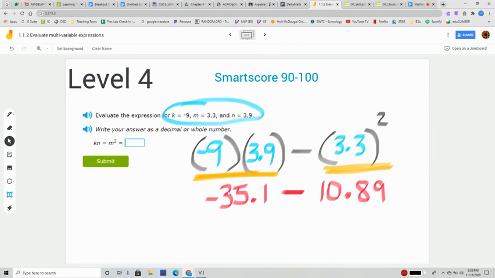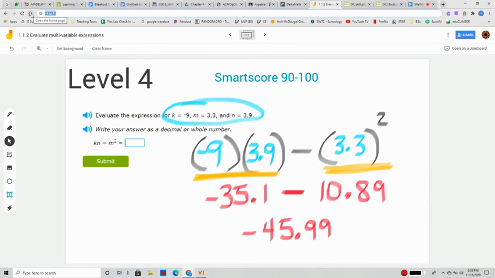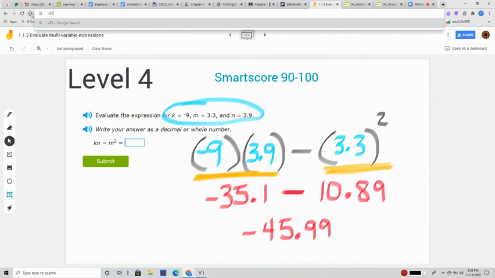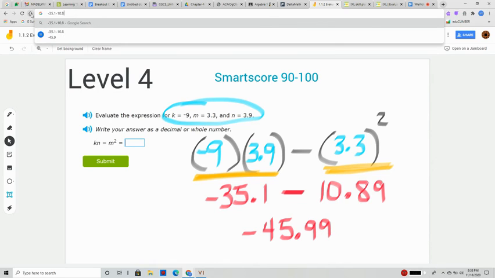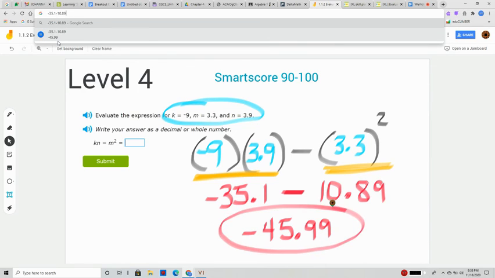Actually, I'm pretty confident it'll be negative 45.99, because you can just add these two numbers together. But we know the answer will be negative. Let's check that theory. Negative 35.1 minus 10.89. There you go, negative 45.99. An interesting number. And that's what you would submit here.